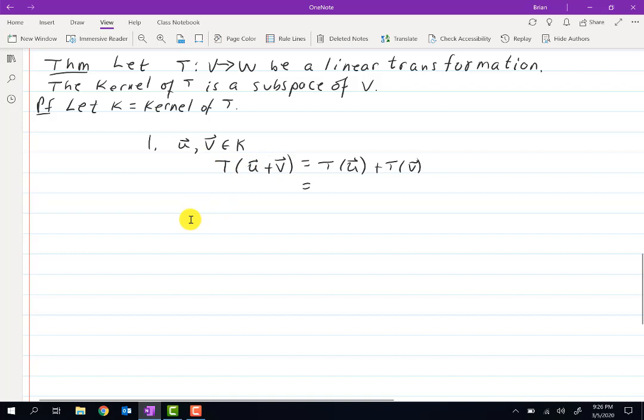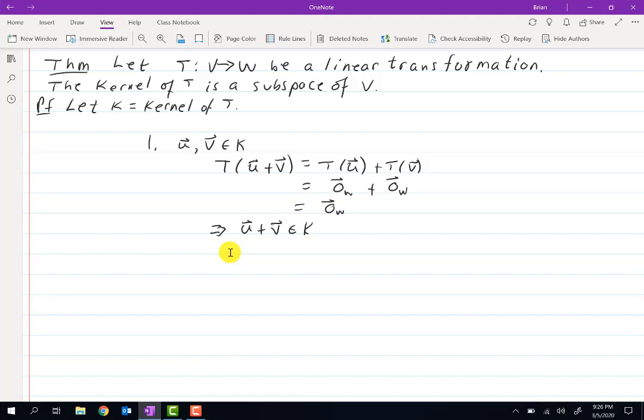And I know that this T of U is the zero vector in W. This one here, since it's in the kernel, is also the zero vector in W. So when you add them together, well, 0 plus 0 is 0. So we have that property there. I have the sum, U plus V, is in the kernel.